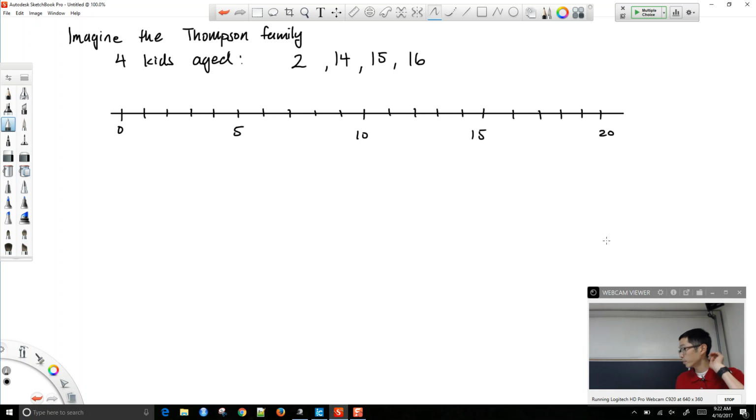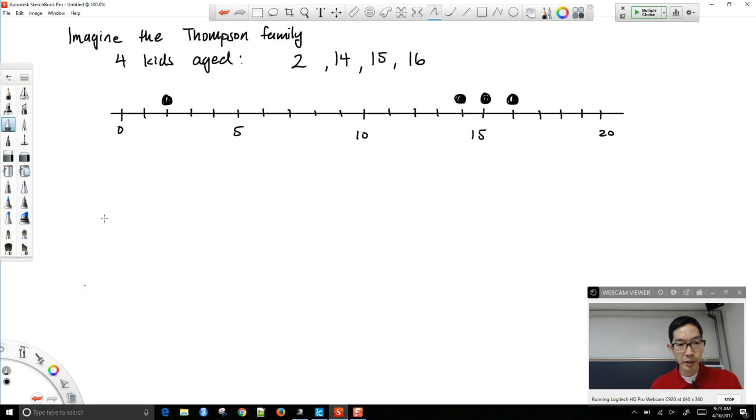Okay, and then I'm just going to put dots along, create a dot plot. So we got a dot at 16, a dot at 15, a dot at 14, and a dot at 2. So this is my dot plot here.